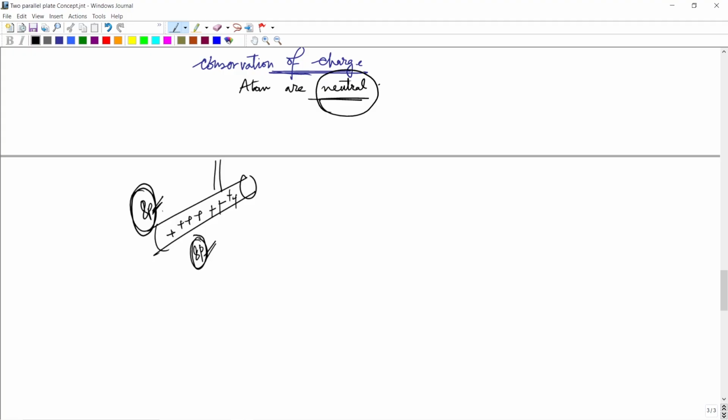The total number of charged particles is the same, so charge is neither created nor destroyed.